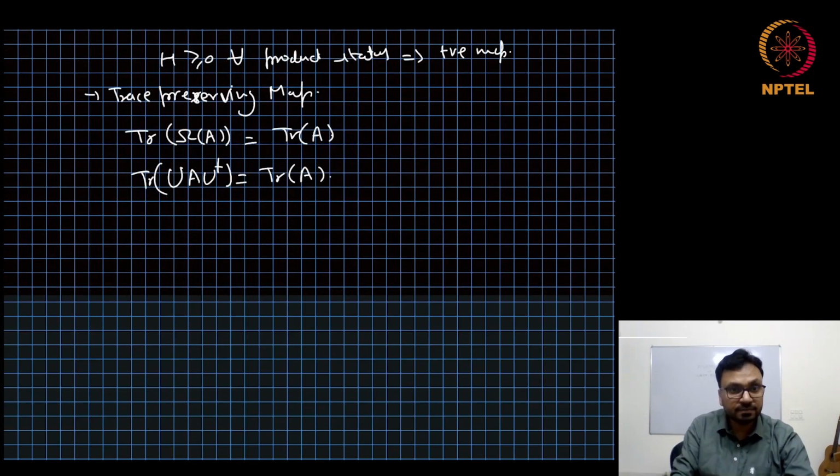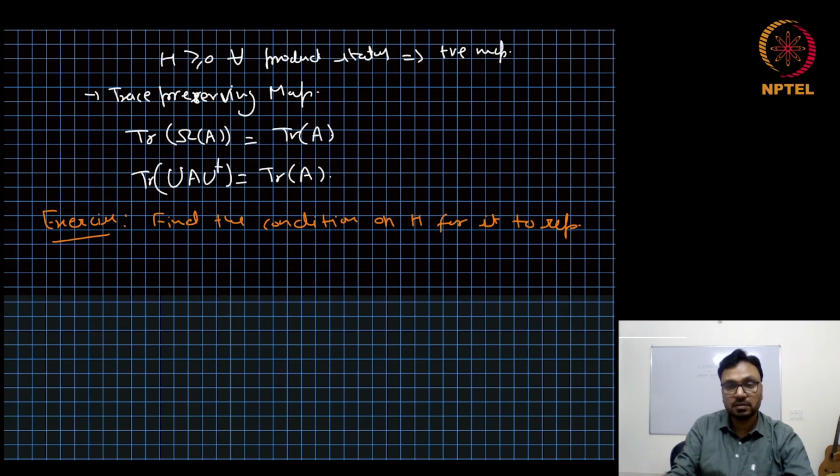The exercise can be: find the condition on H for it to represent a trace preserving map.